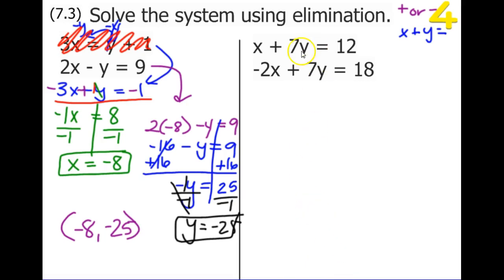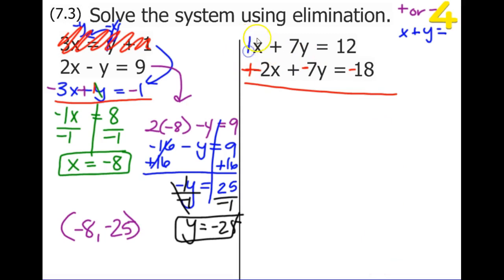These ones are already set up in standard form, x, y, and numbers, so we're going to add these together. However, the x's won't eliminate, nor the y's, because the y's are both positive. So this one we also need to, instead of adding, subtract. Subtract the entire equation. So subtracting here makes really a positive. This becomes a negative, and this becomes a negative.